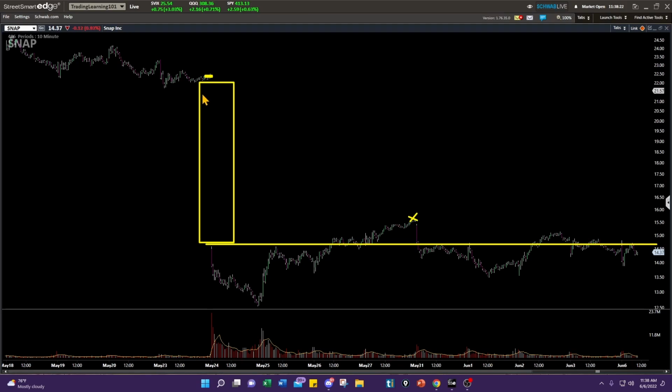It doesn't necessarily have to fill this gap. This stock may never come back at all and fill this gap, but this is a strategy. No strategy is perfect. We know that, but we do see this strategy happen and work a lot. And we do see it fail from time to time.